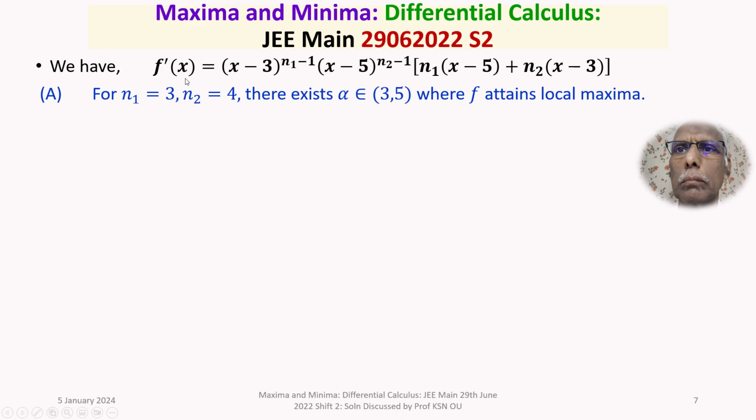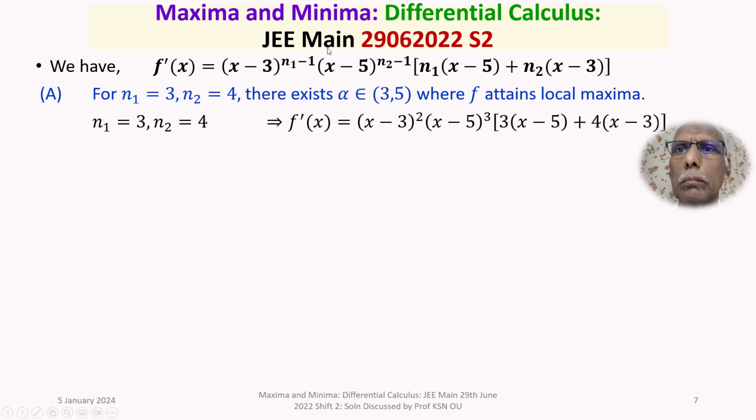Putting n1 is equal to 3, n2 is equal to 4, we get f prime x is equal to (x minus 3) to the power of 2, that is 3 minus 1, (x minus 5) to the power of 3, that is 4 minus 1, into 3 times (x minus 5) plus 4 times (x minus 3). When you simplify, you will get (x minus 3) whole square into (x minus 5) whole cube into (7x minus 27).